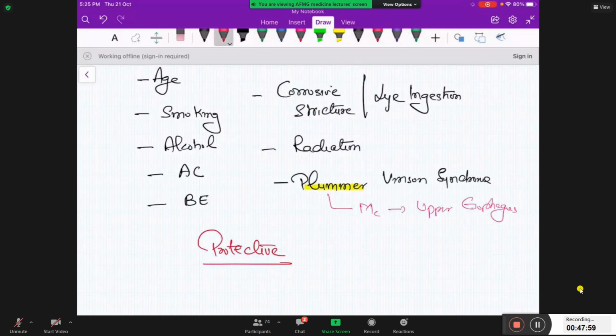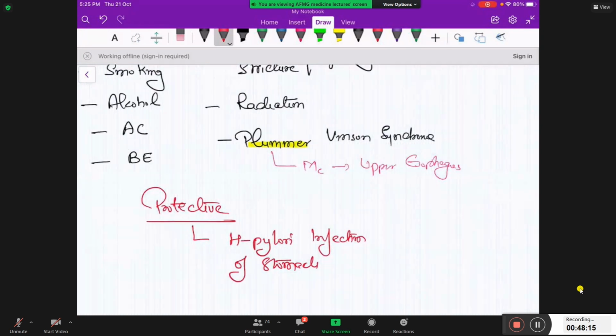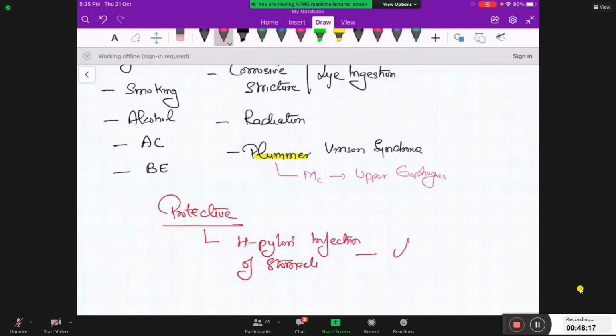In protective factors, very interesting, H. pylori infection of stomach is protective for lower end adenocarcinoma.